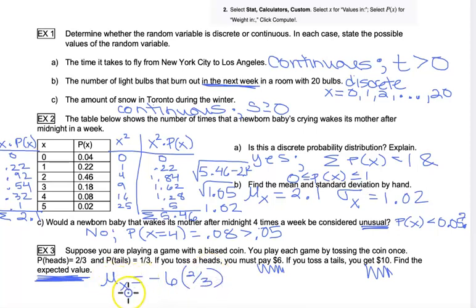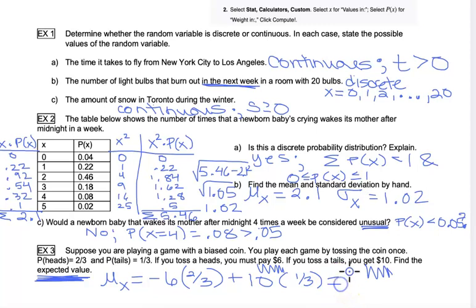Remember that mean is the sum of all X times P of X. I have X times P of X for the first outcome. I have to add in my other outcomes. In this case, there's only one additional outcome. Get $10, that's a positive $10, times the probability, which is 1/3.